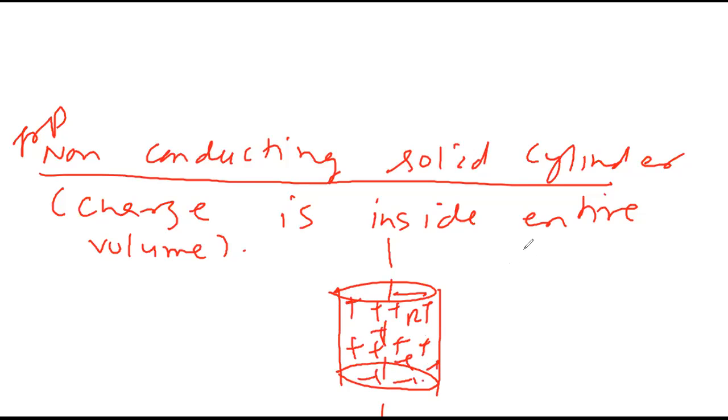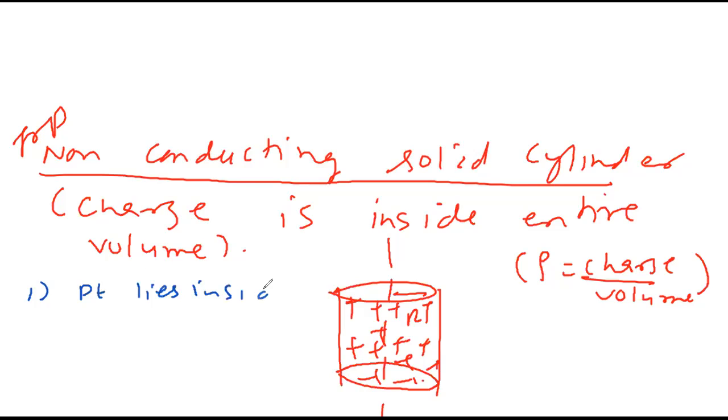So here we say rho equals charge per unit volume. I am interested in intensity inside and outside. If we want intensity inside, the point lies inside.